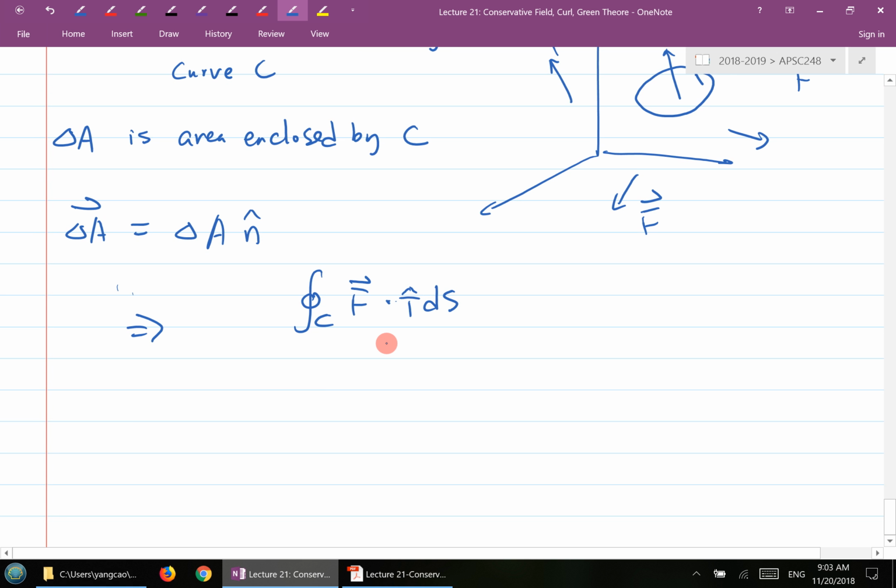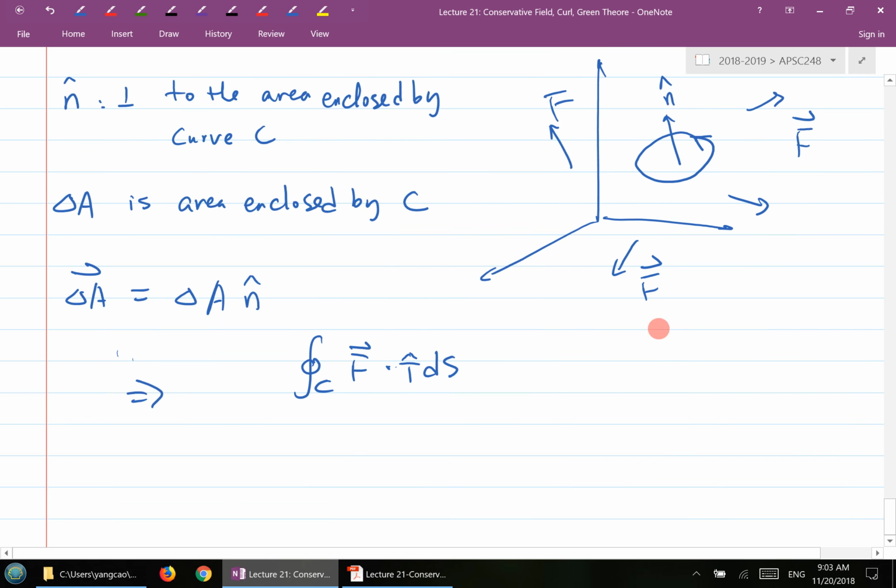Really good question. Orientation is something we're going to have to pay attention to. Typically, your right-hand rule is what matters here. When you curve your hand around this curve C, your thumb direction is the positive n hat direction. Viewed from the top, counterclockwise is typically the positive direction.